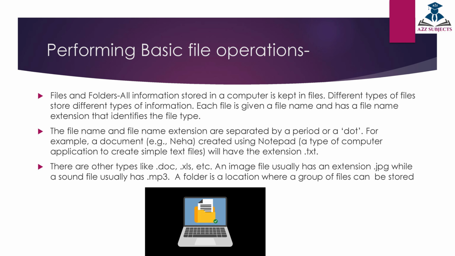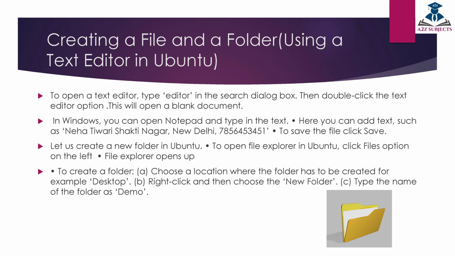For example, a document created using Notepad will have the extension .txt. There are other types like .doc, .xls, etc. An image file usually has an extension .jpg, while a sound file usually has .mp3. And a folder is a location where a group of files can be stored.